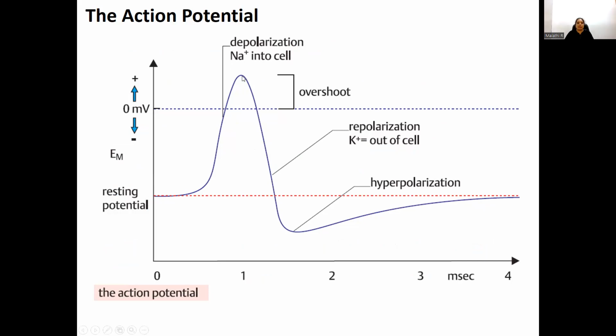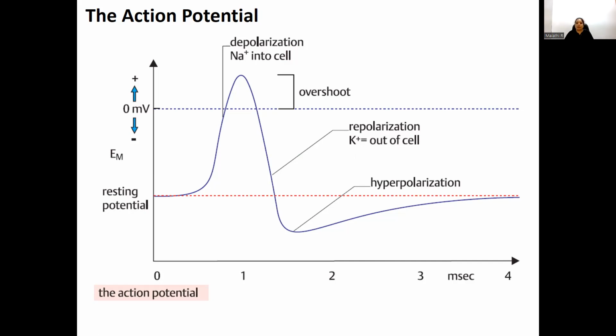Once the Na plus influx has ceased, or the Na plus channel has become inactivated, the repolarization phase will be initiated. During the repolarization phase, K plus channels will be opened. There will be an efflux of K plus ions. The efflux of K plus ions will lead to the regeneration of negative charge inside the cell and positive charge outside the cell.